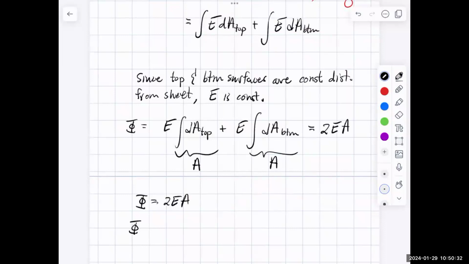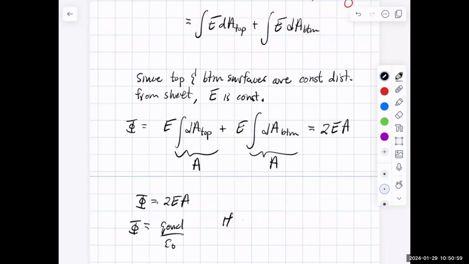And the flux is also equal to Q enclosed over epsilon naught. If our surface has charge per unit area, sigma, and we enclose a patch of area A in our surface, then the total enclosed charge is sigma times A. I'm just going to go 1 minute over, I'm almost done.